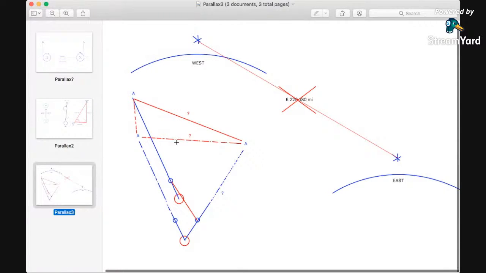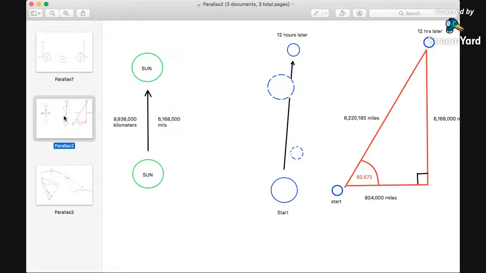And flat earthers have been trying to explain this to you, but you haven't understood it, because when you set up your EQ mount, you imagine that you're rolling. When you imagine that you're rolling, you have to imagine that you're rolling from this point to a point in space. You're going to travel.